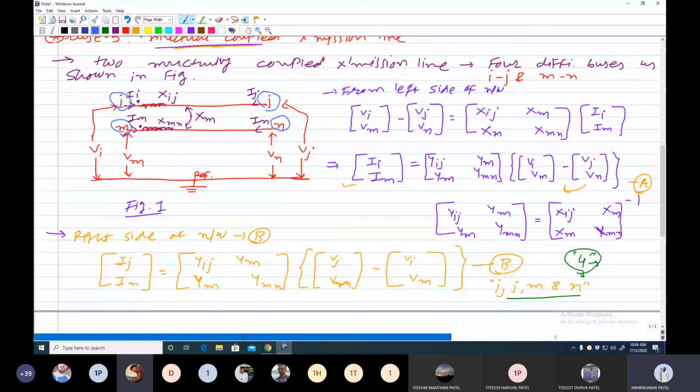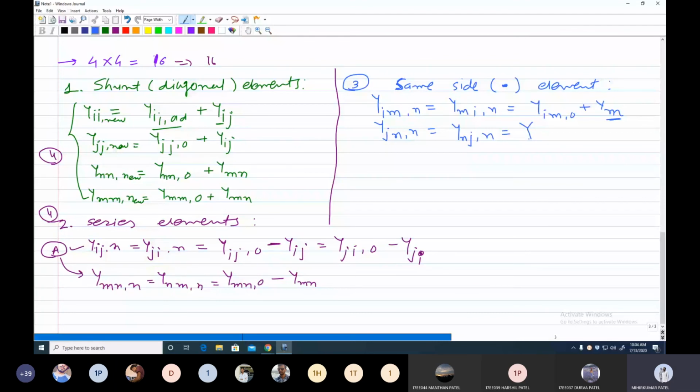Yes, JN old plus the mutual admittance. Clear? So in the third one, we have considered the same side.